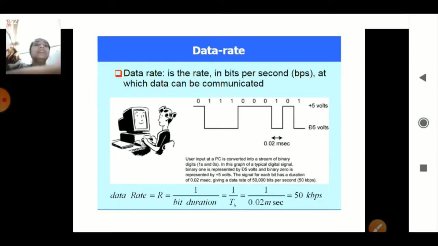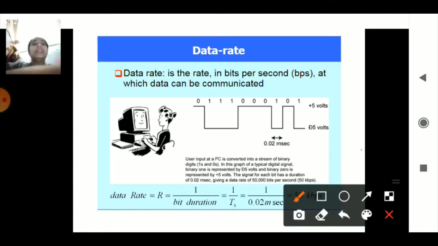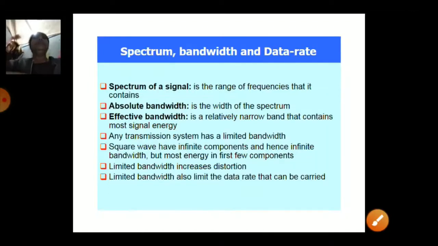That is your data rate. Even bit rate is also common, like how many bits travel in 1 second. And bit length, how many bits travel from one end to another end in 1 second.